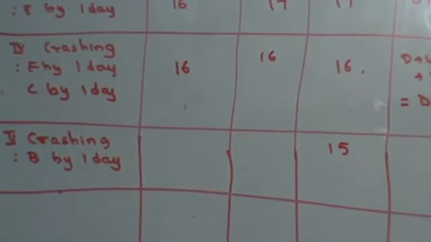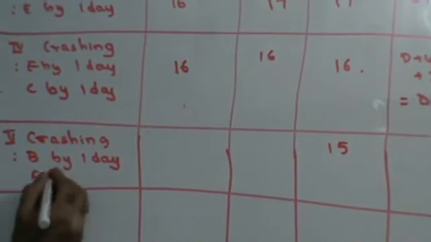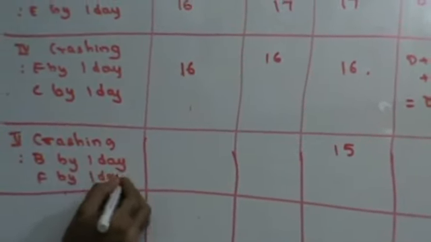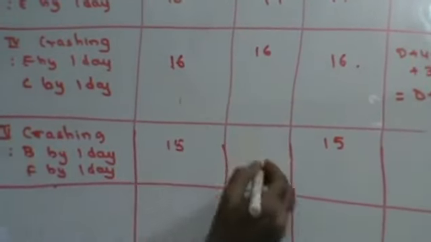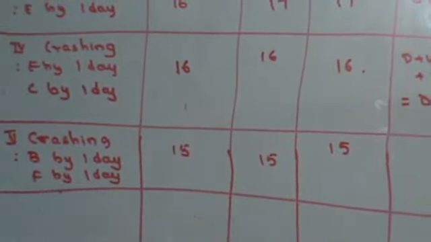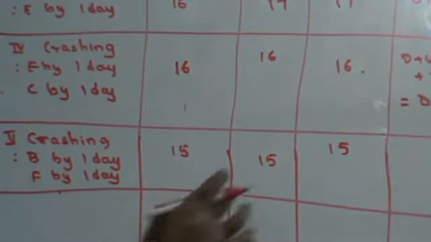Now what is common between ADF and CF? F. So instead of crashing C and F both, it's better that I crash F, right? So I'll say F by 1 day. If I crash F by 1 day, this will become 15 days. This will also become 15 days. So that will become 14 days. And this will become 14 days.